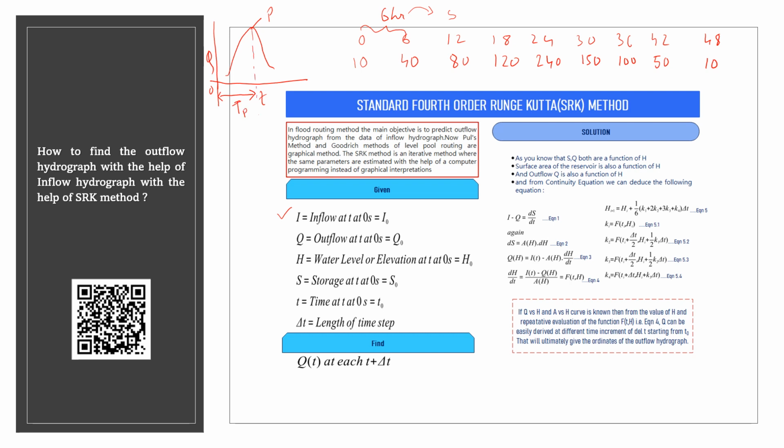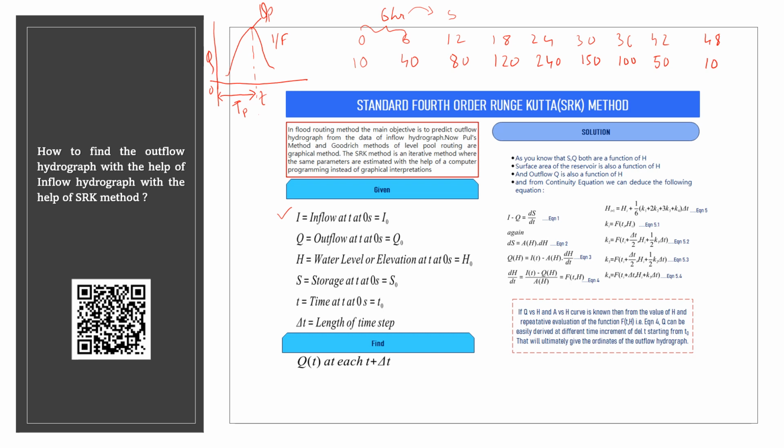So we say that TP, and this is actually QP. Q subscript P, T subscript P. And this is your inflow hydrograph or inflow flood. So from this data, you have to find out the outflow hydrograph, correct?